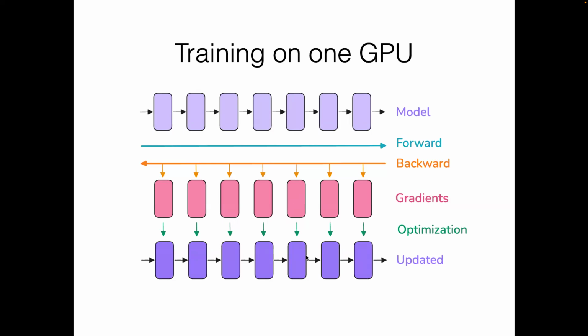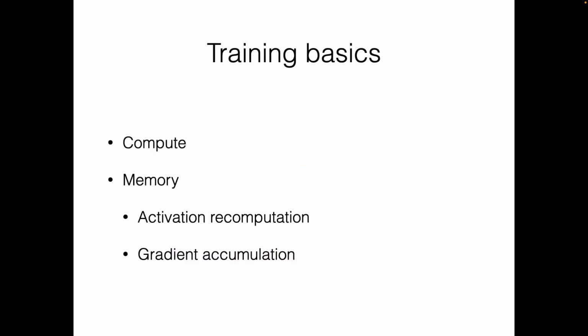Okay, so nothing crazy going on here, but we'll use this diagram to introduce the following ideas. So then we could think about two different aspects. We could think about the computation that is being performed in each one of these steps. And we can also think about the memory requirements. And so we'll go over two strategies for memory called activation recomputation or checkpointing and gradient accumulation.